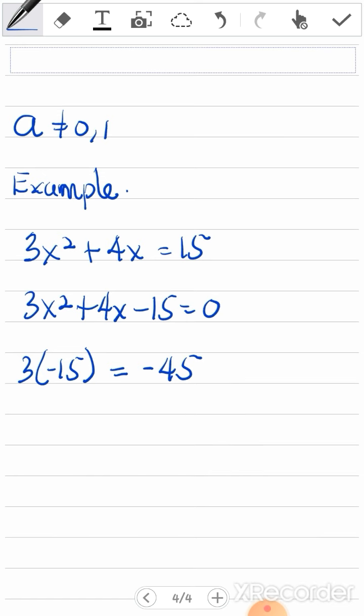This negative 45 is now our reference point. We have to find integers that when you multiply, you get negative 45, but when you add, you get 4.